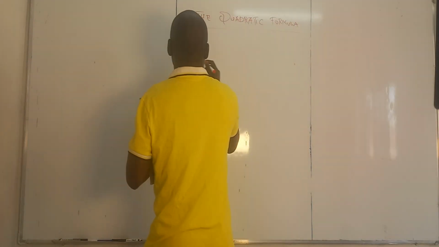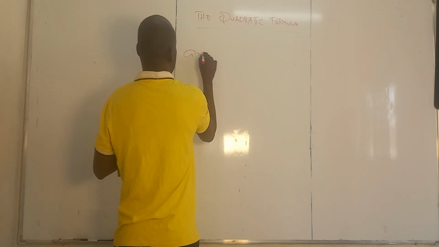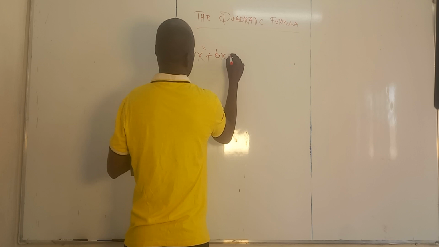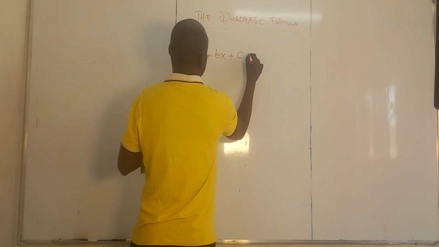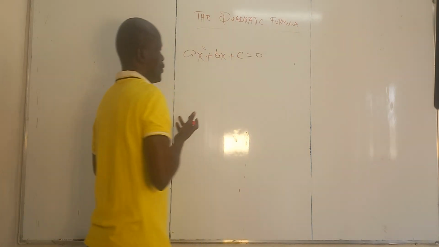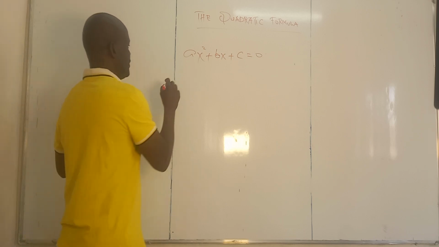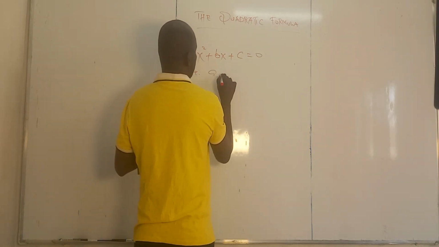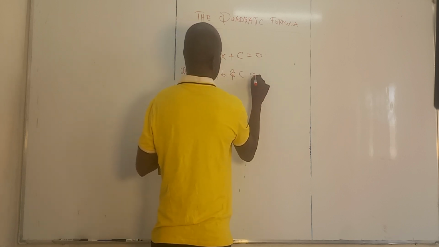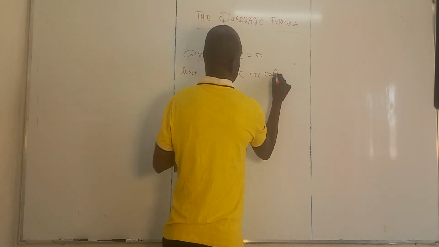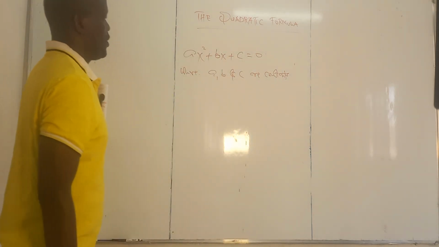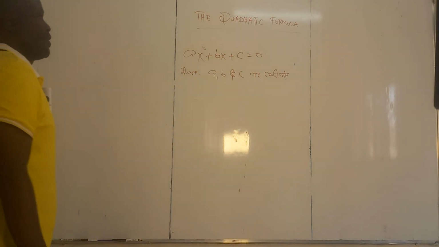So it's written as ax squared plus bx plus c is equal to 0, where a, b, and c are constants.